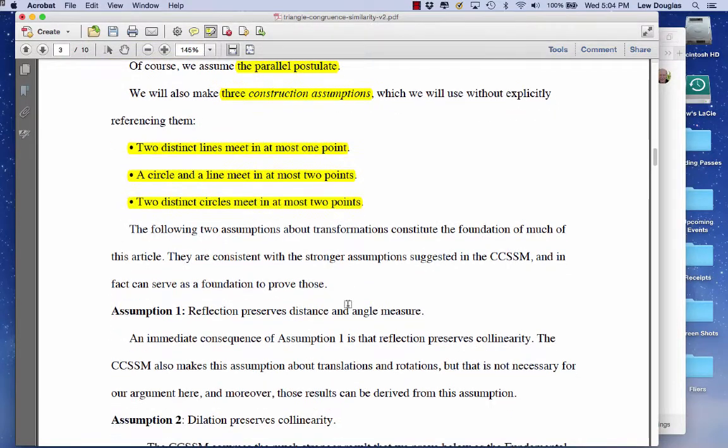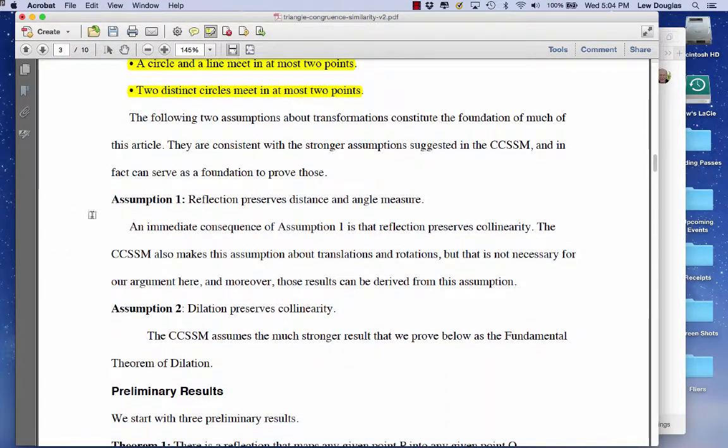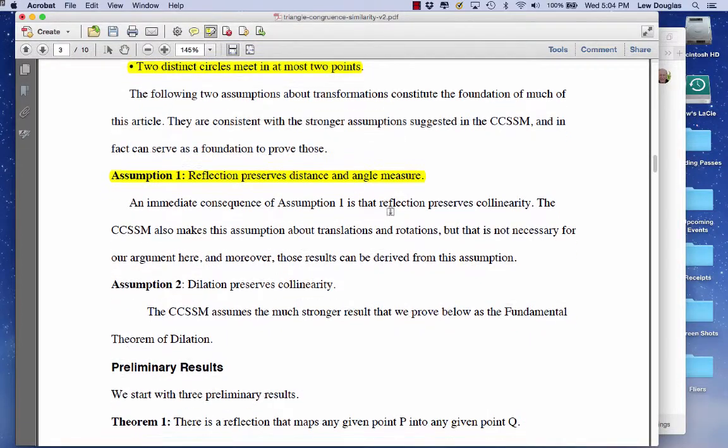All right, and then we're going to make assumptions about transformations. I may list these somewhere in another document. We are going to assume that reflection preserves both distance and angle measure. That's a kind of a high level assumption, but pretty obvious in terms of our intuition.